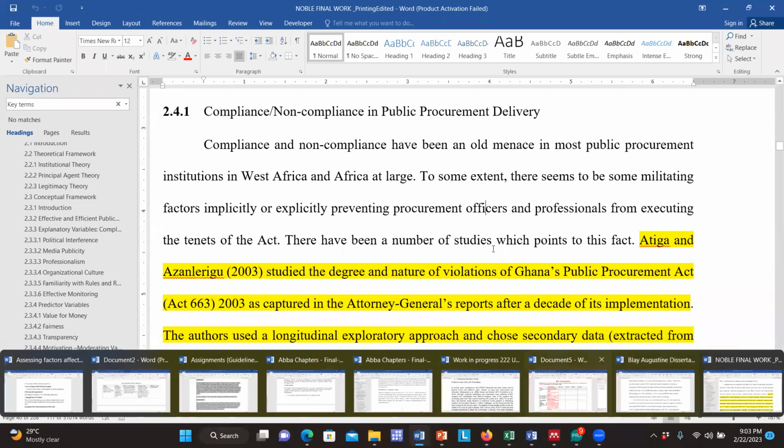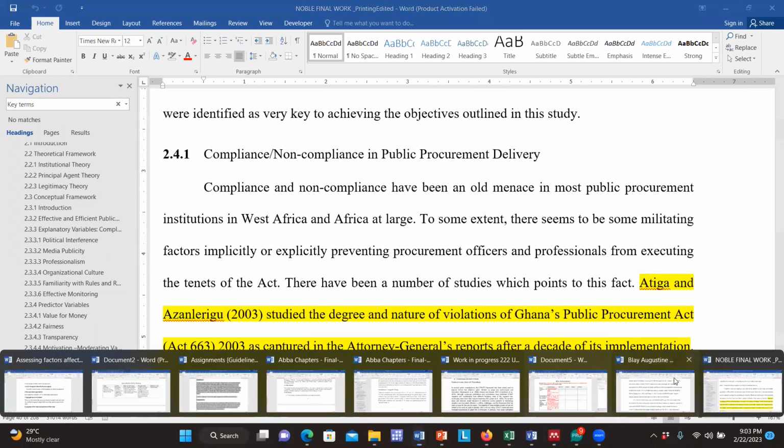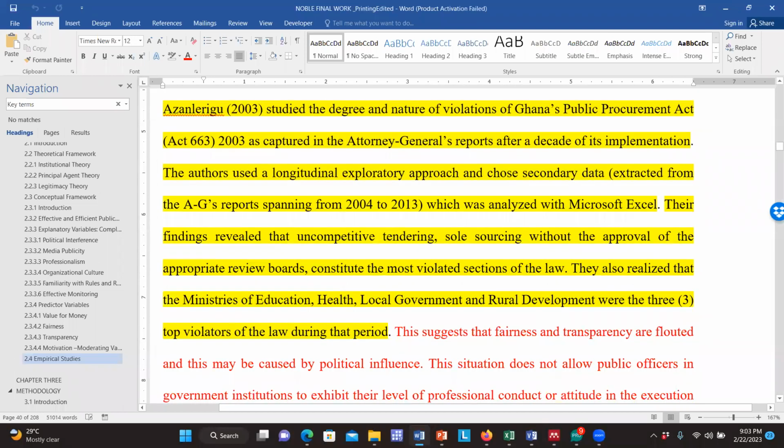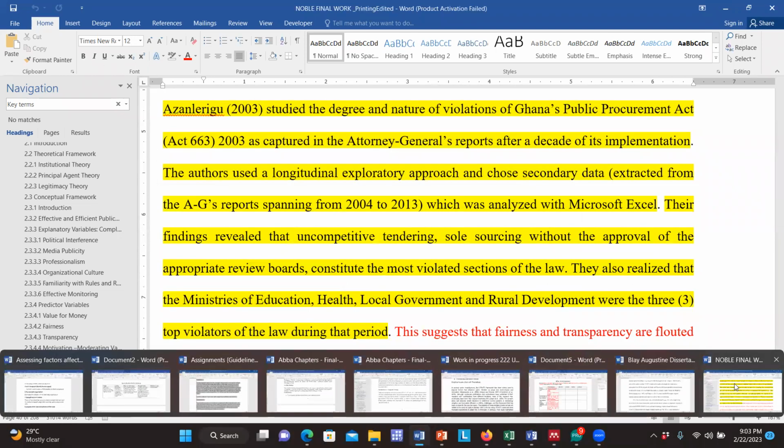You can end it at the findings, but when you are actually doing the extensive review, this is what you do. So that is just about that.